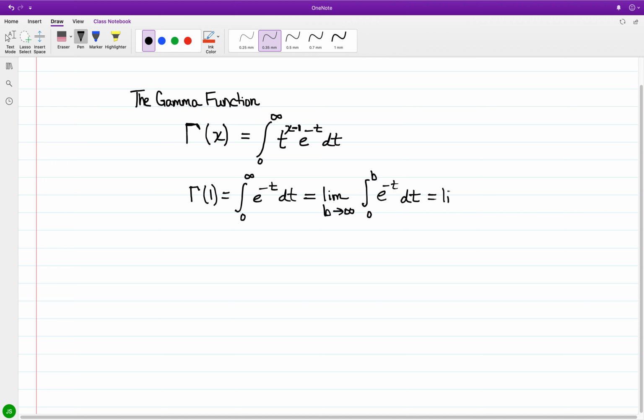And the antiderivative of e to the negative t dt will be the negative of e to the negative t, again as t goes from 0 to b. So we have negative e to the negative b, and what's going to become plus e to the 0.